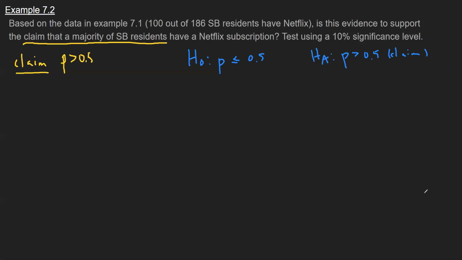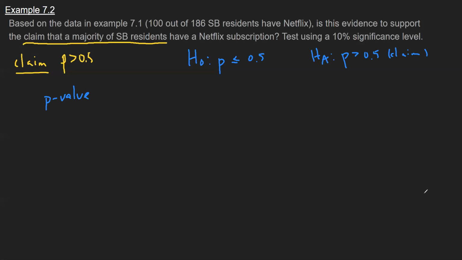So that's the first part of our setup, identifying where the claim is going to be located. Now, just like in unit 6, our p-value is going to be the probability that the data is at least as extreme as we've found. The p-value is that evidence. When the p-value is small, you're likely to reject the null. When it's larger, you're not going to reject the null.